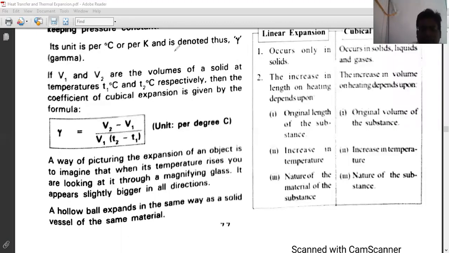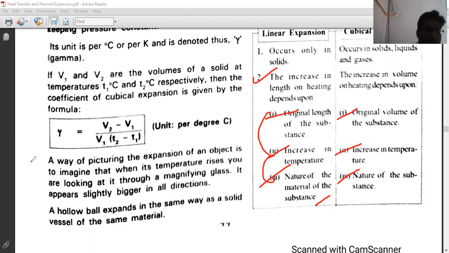Look at the next point. Linear expansion depends on original length and increase in temperature. The next point is the nature of the material of the substance, right? Similar for cubical expansion also. So cubical expansion depends on the original volume, increase in the temperature, and nature of the substance. So these are the three main basic points on which linear expansion and cubical expansion depend, right?